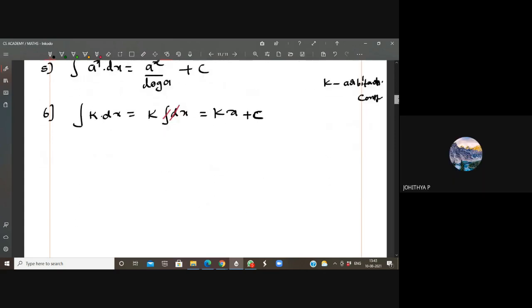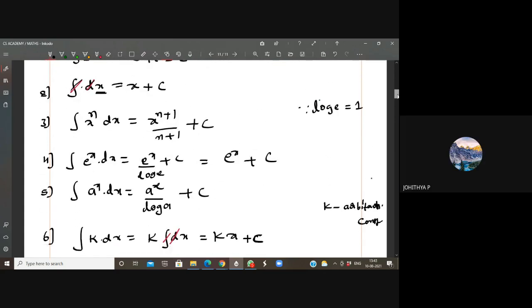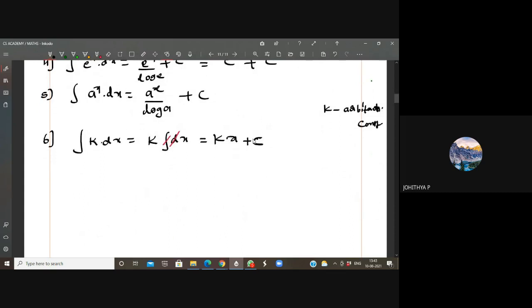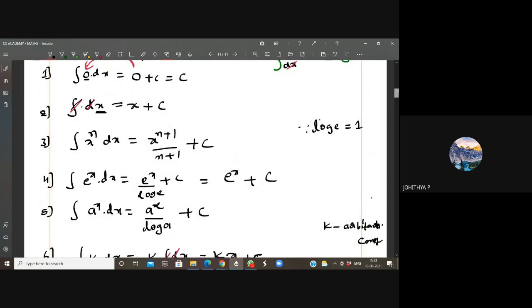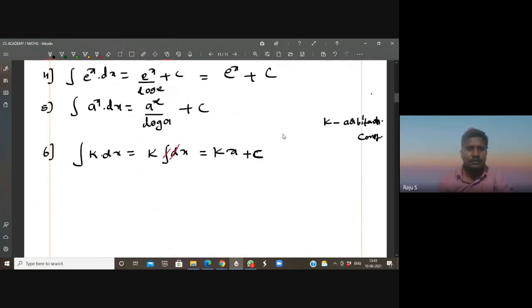I have one small doubt, sir. Integral dx is x plus c only, no, sir? Then obviously it will come as kx plus kc, no, sir? Yes, you can take kc also, it is a constant. Your doubt is understood: k into x plus c. Why can't we write kx plus k? You can write it, no problem. C is a constant. Instead of c, I could take e power c, or sin c, or cos c, or c power 1000.